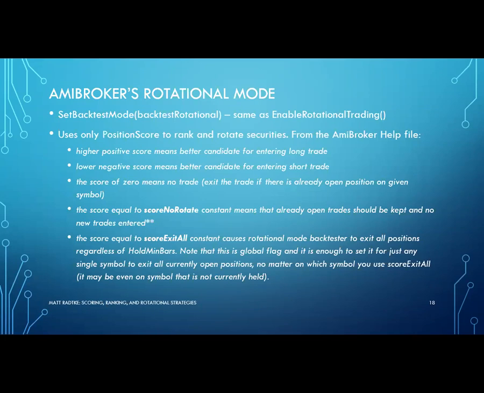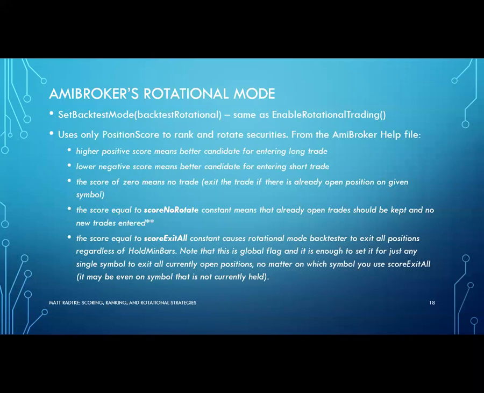AmiBroker rotational mode uses only the position score to rank and rotate securities. So all of the bullet points that you see there are copied directly out of the AmiBroker help file, and I'll just go through them real quickly. A higher positive position score means it's a better candidate for entering a long trade. A lower negative score means it's a better candidate for entering a short trade.